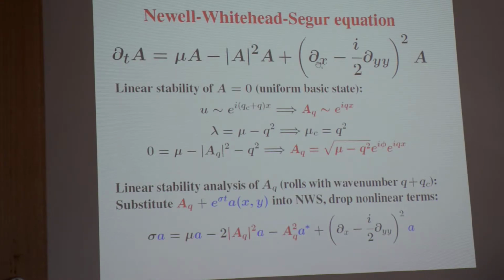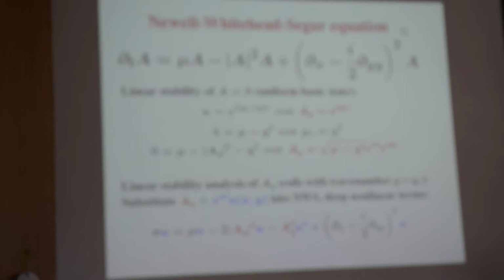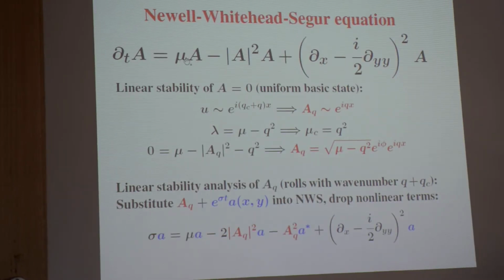We're only concerned with this differential term, and we have mu minus q squared, because this is the eigenvector we're putting in, q squared, that's d_x squared gives us minus q squared, so mu minus q squared times A. And we check to see when that hits 0, and that is when mu_c is equal to q squared.